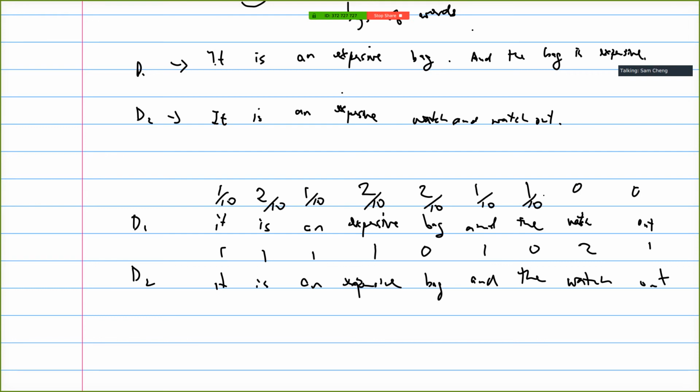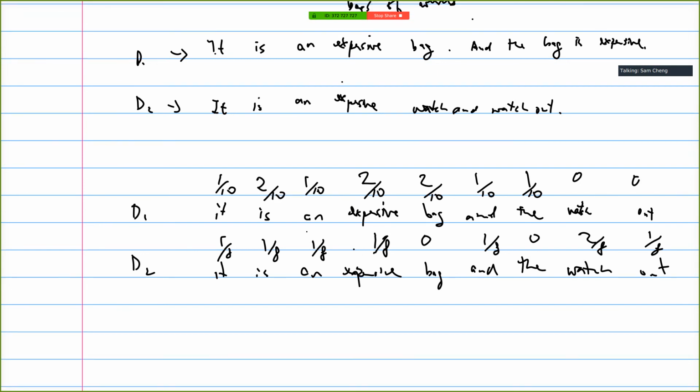The second one, I have 8 words here, divided by 8, right? Now, as you can see, because I have distributions for these 2 documents, just in terms of the counts of the words, we can compute the KL-divergence between them.